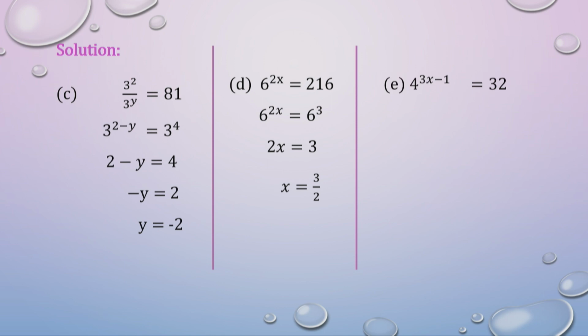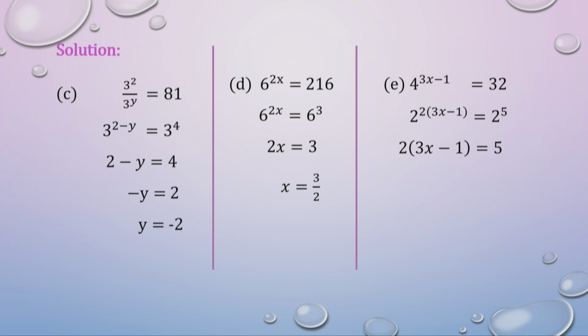The next part, 4 to the power of 3x minus 1 equal to 32. So 32 can be written as 2 to the power of 5. Therefore, I have to rewrite the 4 as 2 to the power of 2 so that I get the same base.